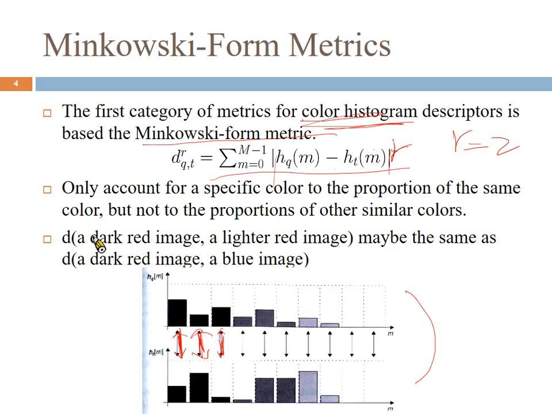So the distance between a dark red image and a lighter red image may be the same as the distance between the dark red image and a blue image. That is the problem, because we don't take the correlation between different colors into account. This is the problem of the Minkowski form metric.